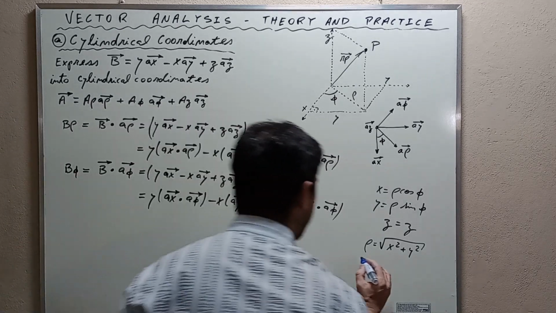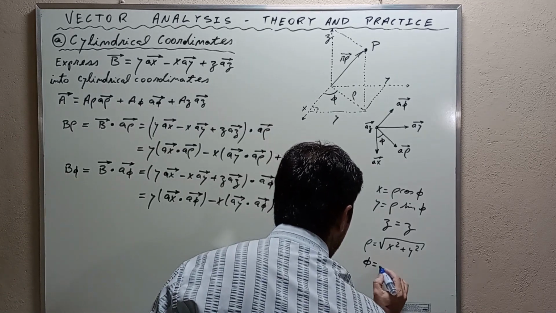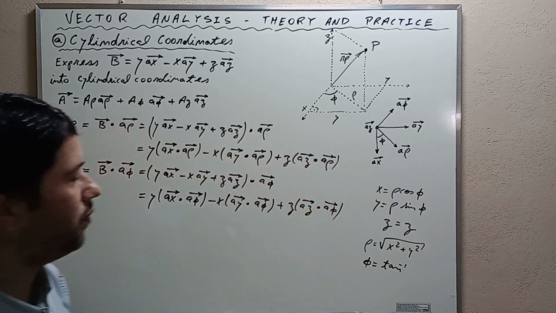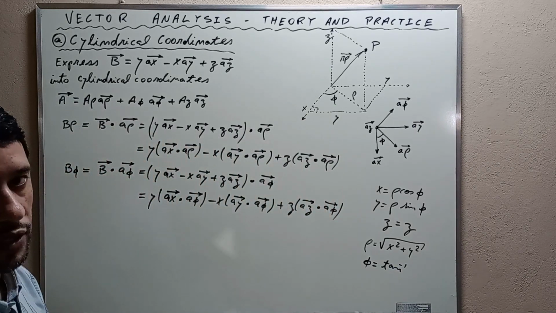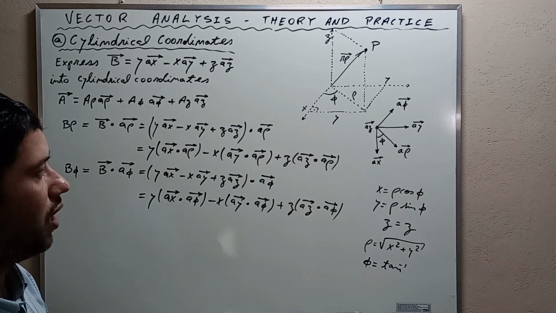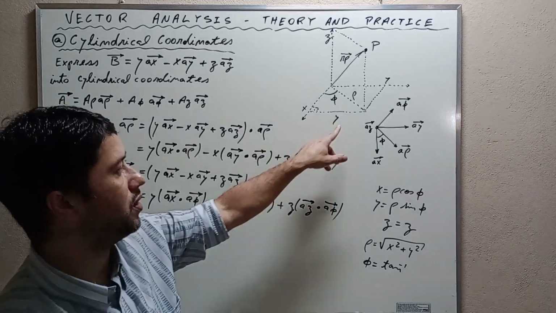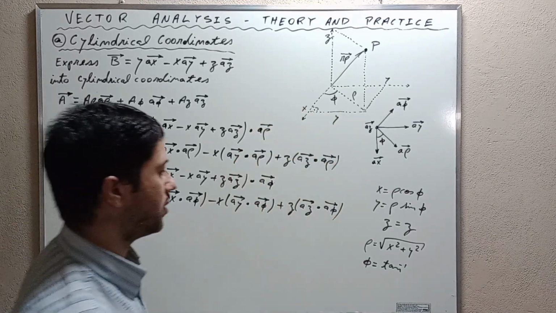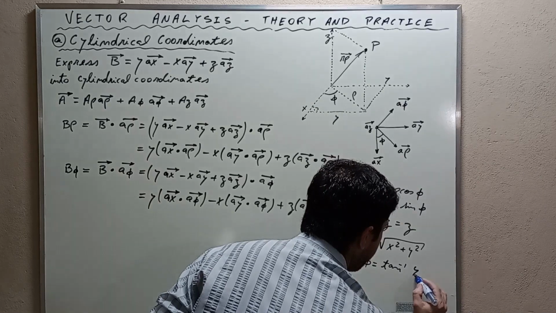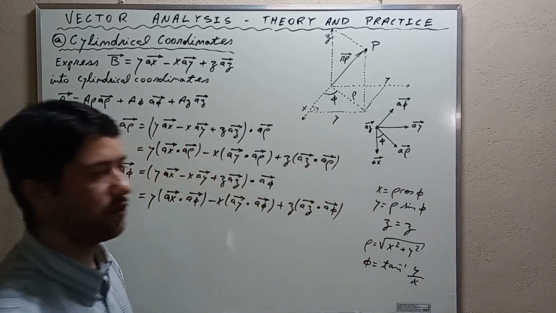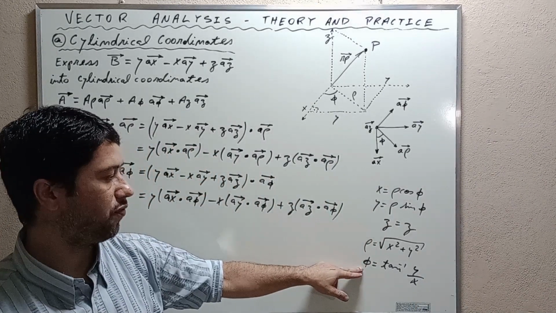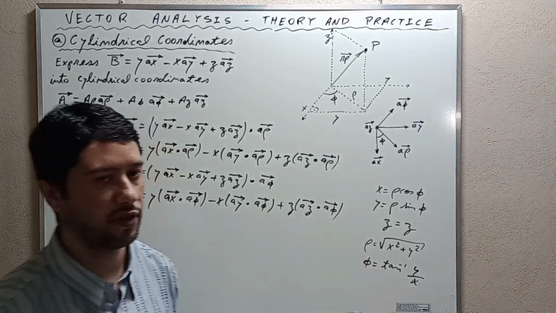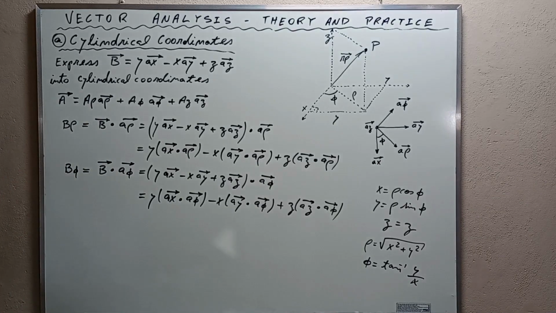Okay, so phi is the inverse tangent of the tangent. And how do we calculate the tangent? The tangent is y divided by x. What does it mean? It means that phi is the angle whose tangent is y divided by x. Okay?